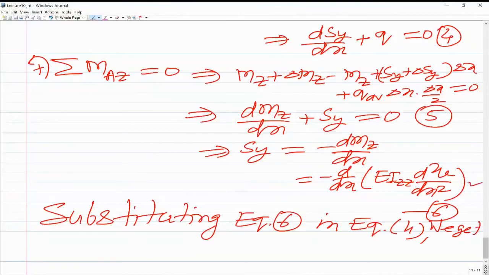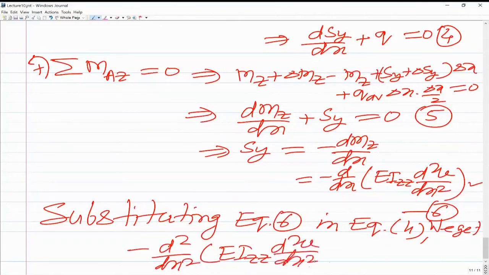Sy is already this, so we will differentiate it once more. So we will get d2 by dx square of EIzz d2v by dx square plus q is equal to 0. So this is the governing differential equation for the beam. And you remember we have used this equation.